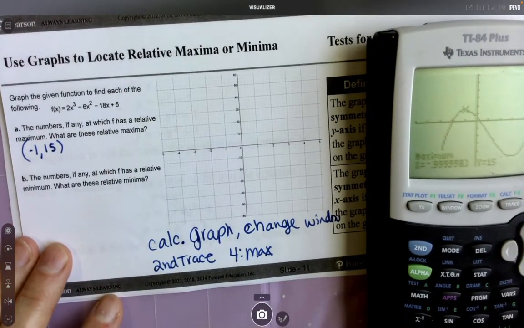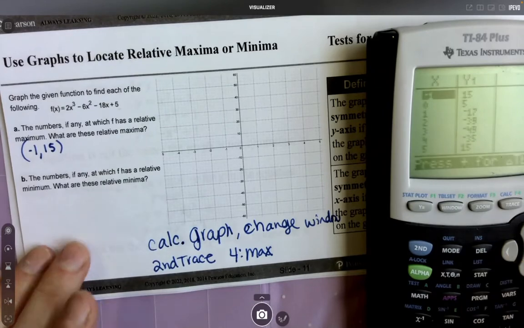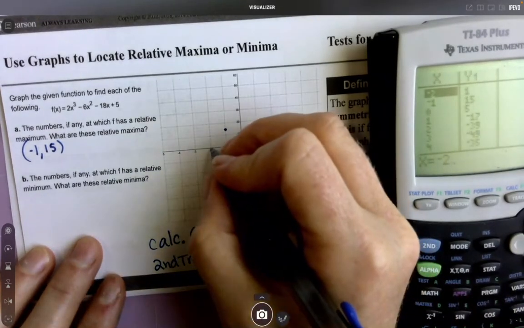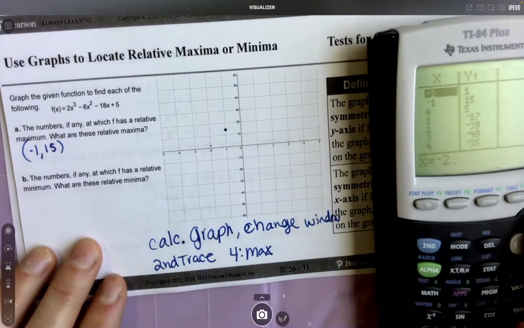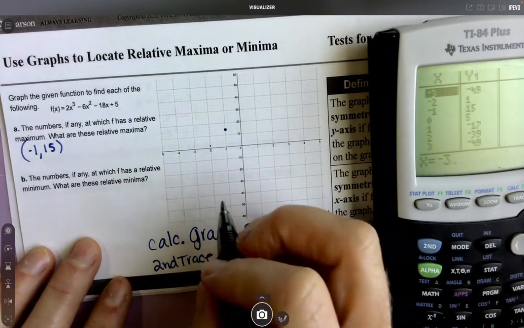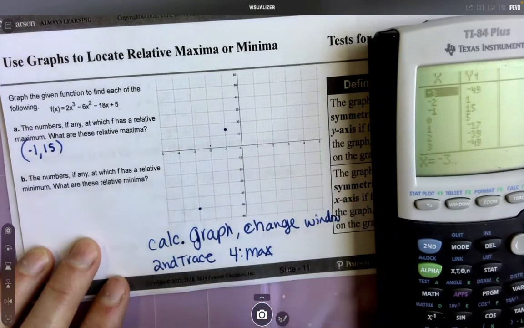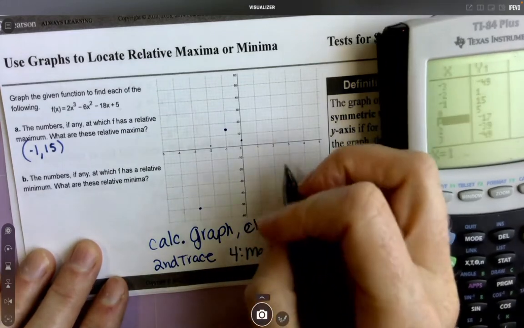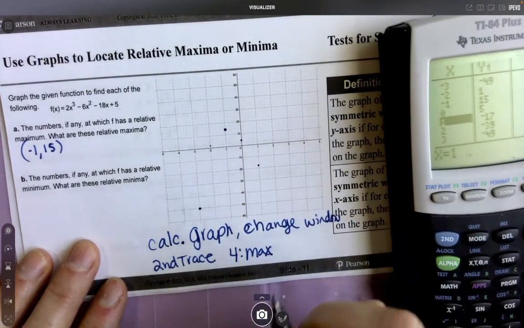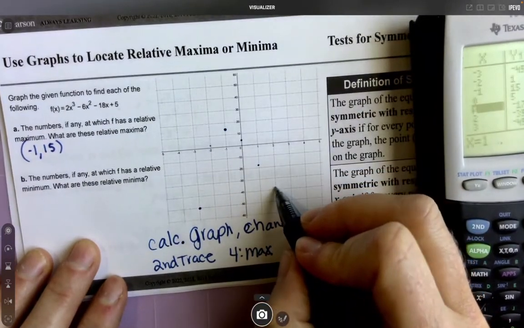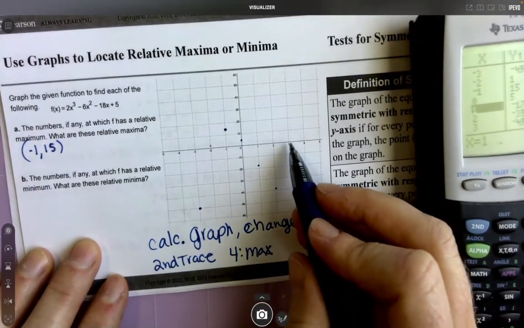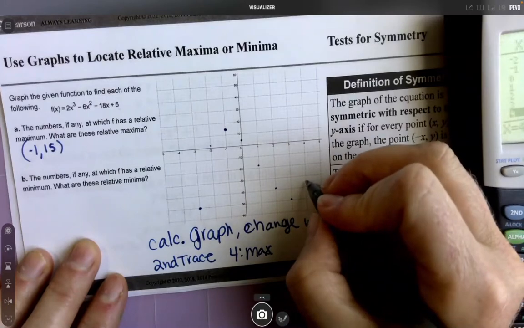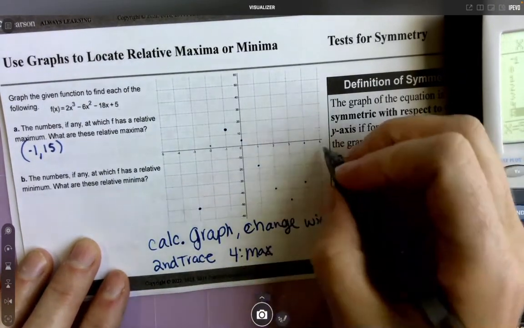So if you need to, you can rewind and watch that again. Or we can go to the table of values: -1, 15; -2, 1; -3, 50; 0, 5; 1, -17; 2, -39; 3, negative; and then 4, 35; 5, 15.